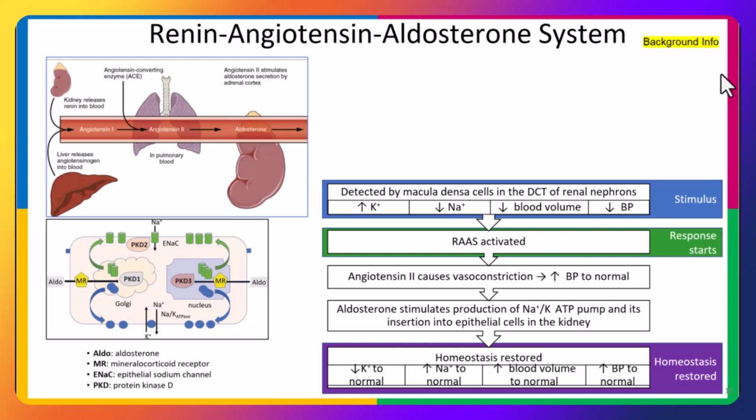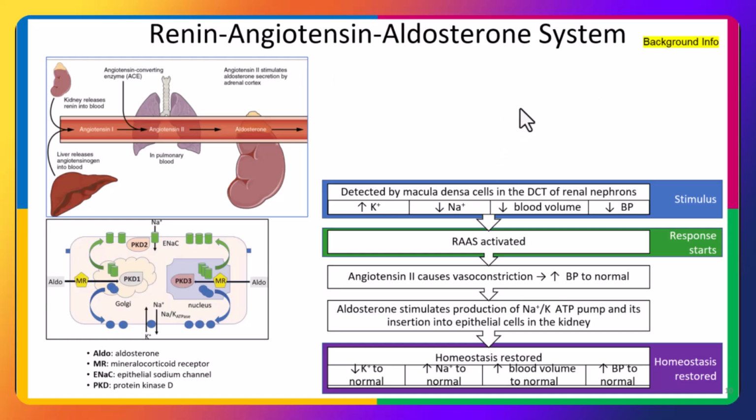First, a little bit of background on the renin-angiotensin-aldosterone system, or RAAS. This is a system that works at regulating blood pressure, blood volume, and electrolytes. So it's working to maintain homeostasis in the body, but ultimately what it's doing is increasing blood volume and therefore increasing blood pressure, working under normal circumstances.